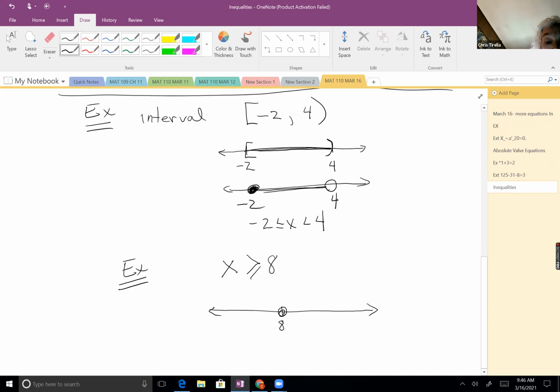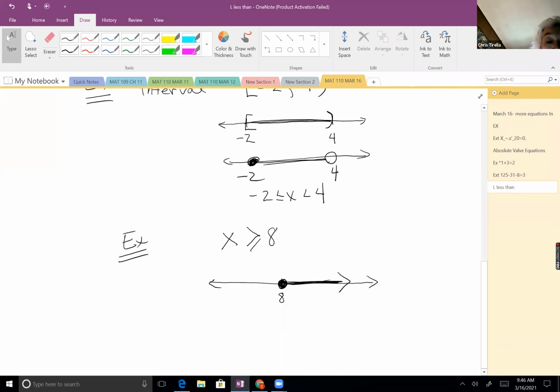It can equal 8, so that would be like having a closed dot. And if x is larger than 8, we'd take values to the right. Again, we had said those closed dots were like the square brackets.